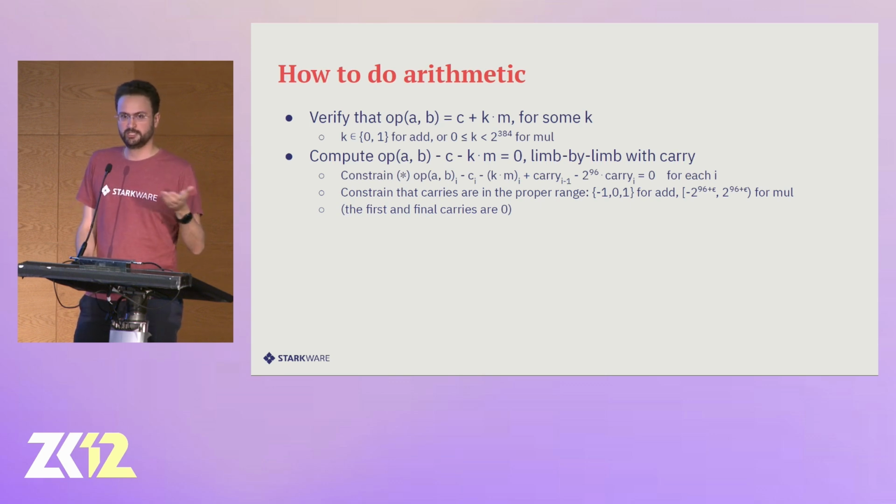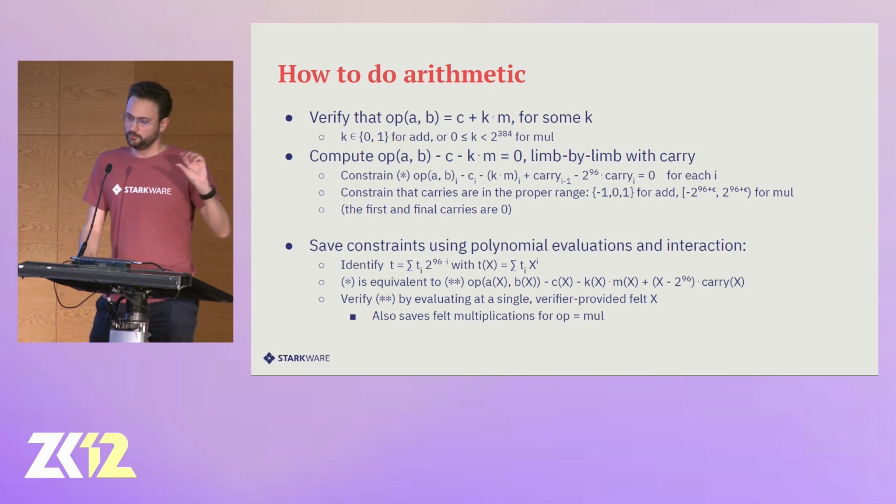So for example, the third limb of A times B is actually A3 B0 plus A2 B1 plus A1 B2 plus A0 B3. So it goes up to 2 to the 194, which is 2 times 96 plus 2. So that epsilon is equal to 2, in fact.